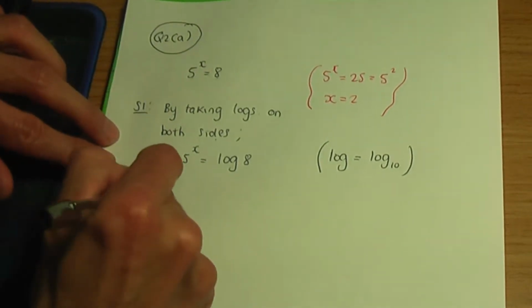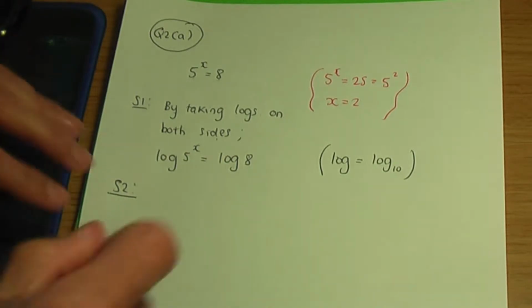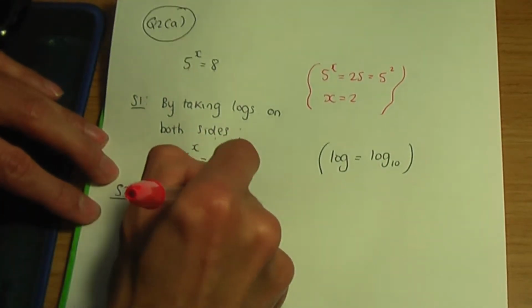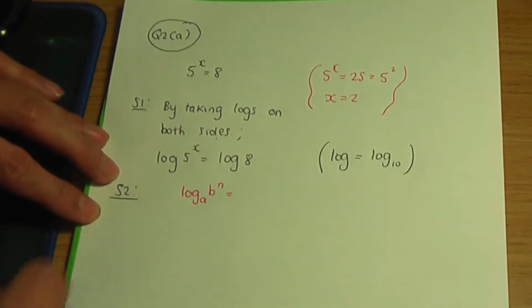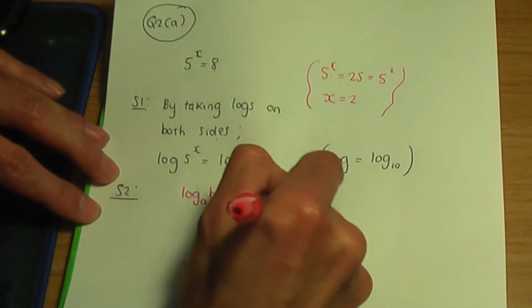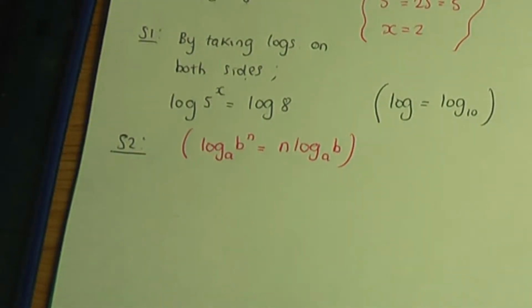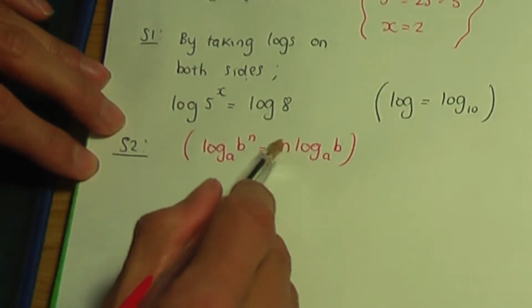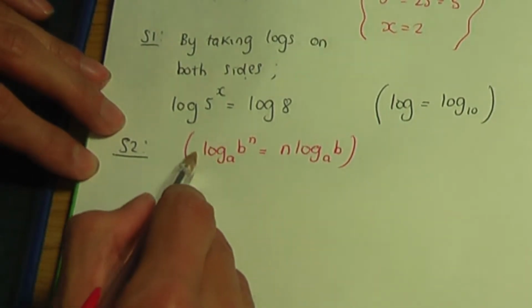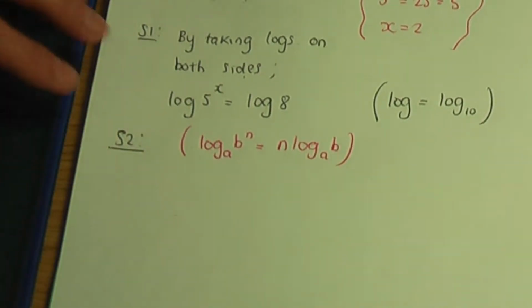Now in the second step, we need to use the power law of logarithms. So the power law states that if you have log of b to the power of n to the base of a, that is the same as writing n log b to the base of a. So what the power law is trying to say is that for any power, we can bring that to the front to give us n log b to the base of a.